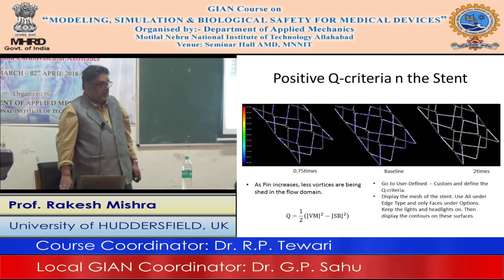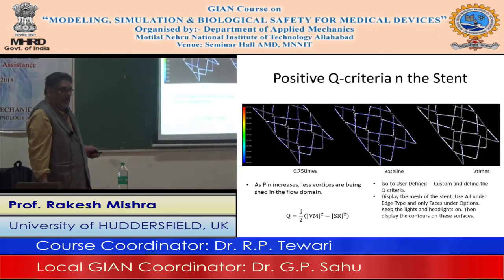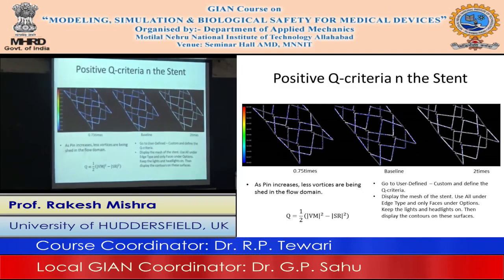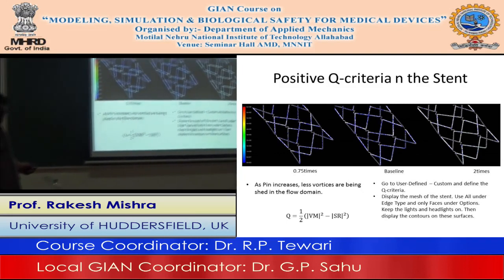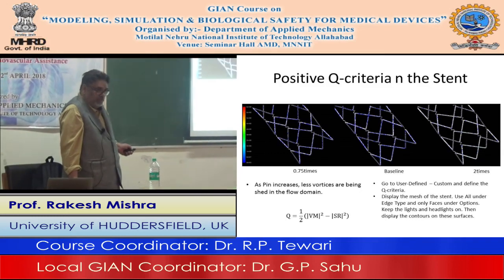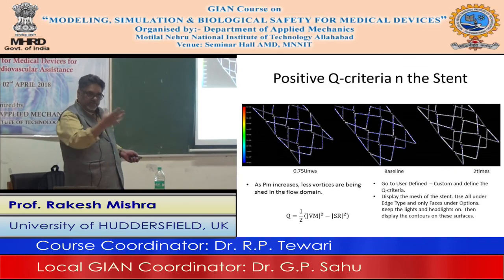The positive Q criterion, again, as I mentioned to you in the last class, is half of the square of the vorticity magnitude minus the strain rate. So if it is positive, it means the vorticity magnitude is more than the strain rate. So there is more rotation as compared to deformation.